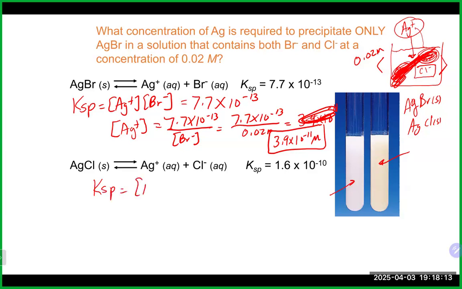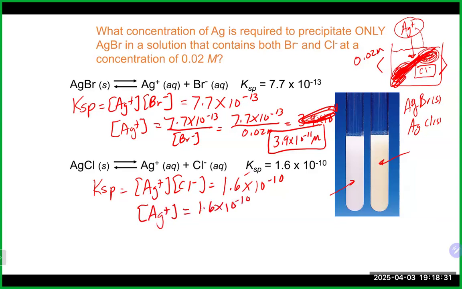So our KSP would be our silver concentration times our chloride concentration, and that would equal our KSP value of 1.6 times 10 to the minus 10. Once again, we could solve for the silver concentration here, which would be 1.6 times 10 to the minus 10 divided by 0.02, which in this case is the chloride concentration.